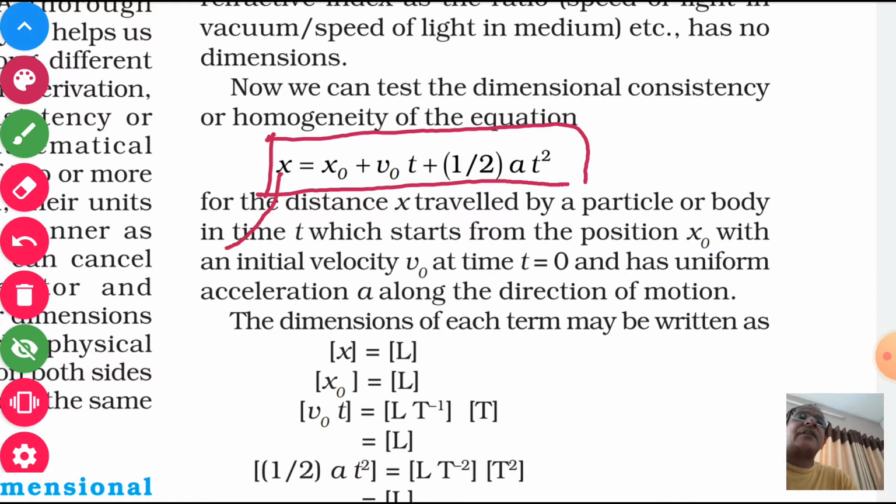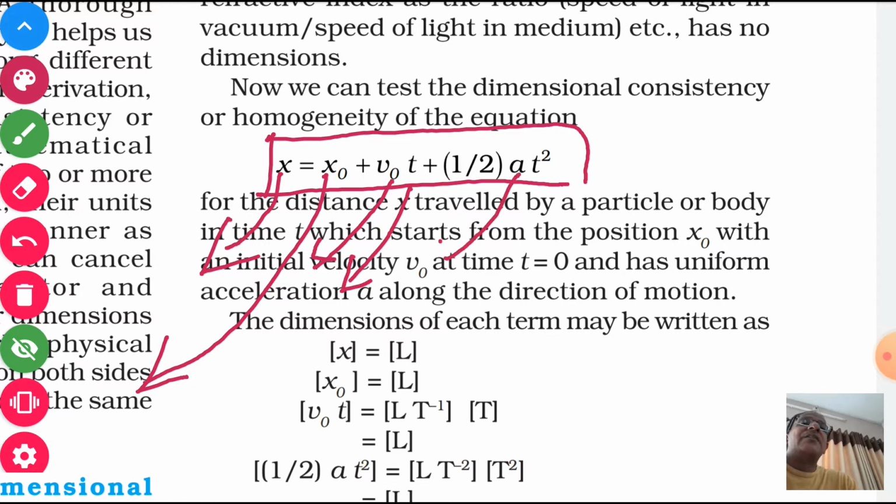Say x is the final position, or distance x, traveled by the particle. x0 is the initial position, that is the initial starting point, so it starts from a point x0 and is in meter. v0 is the initial speed or initial velocity, t is the time, a is the acceleration.